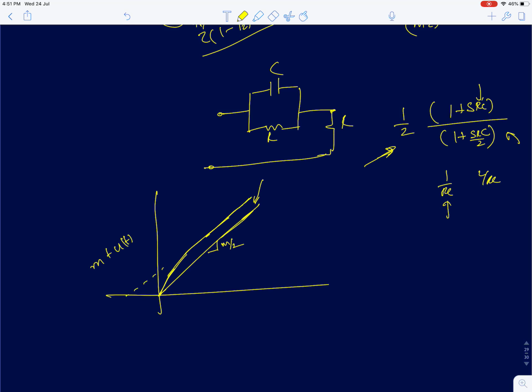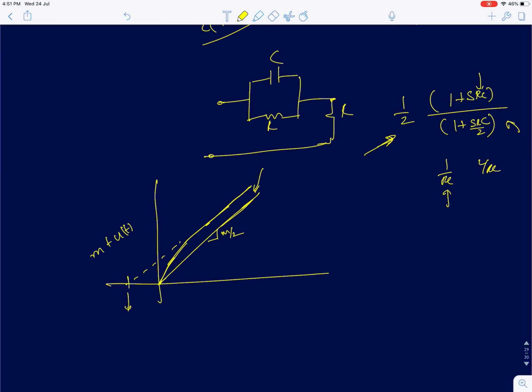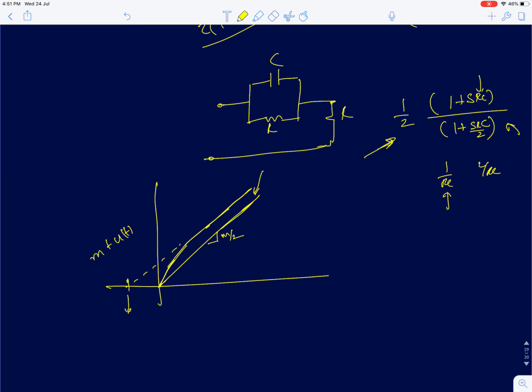Okay, and we already discussed this output will actually lead the steady state value, and this time tau is omega p by omega z. Omega p is 2, so in this case I should write here tau is actually RC by 2. Here for this system the tau is RC by 2.